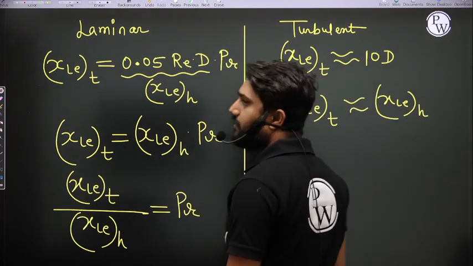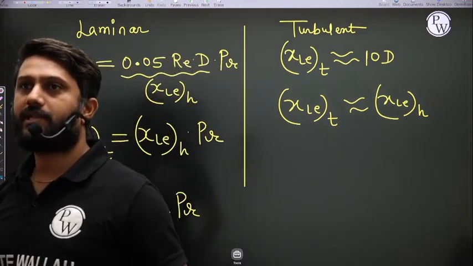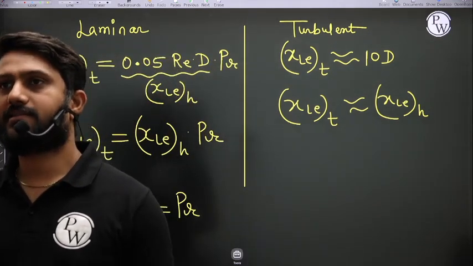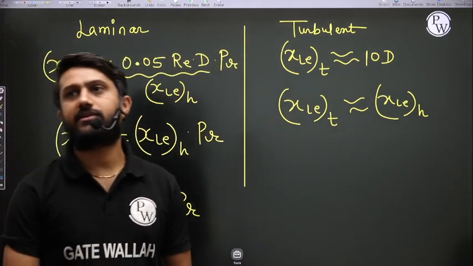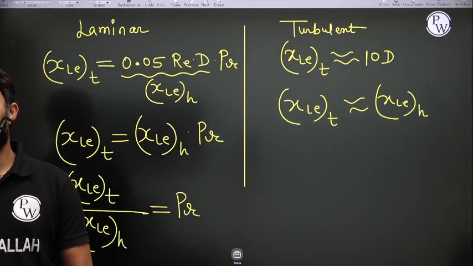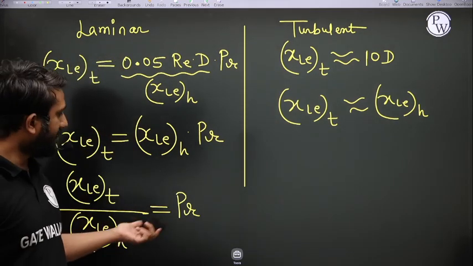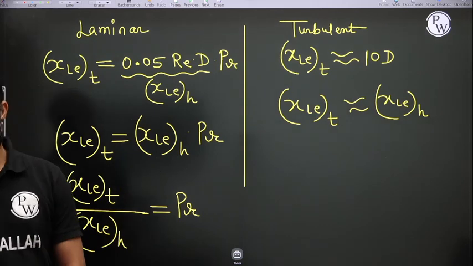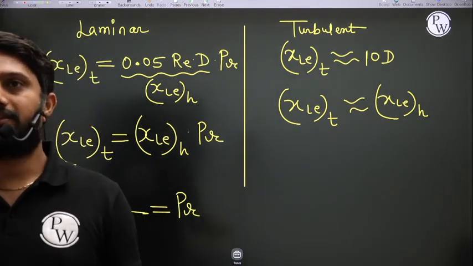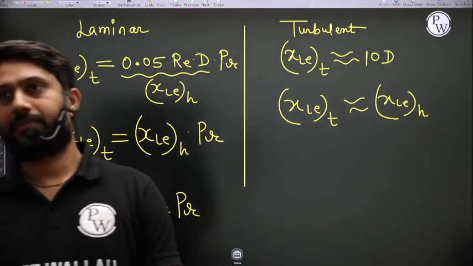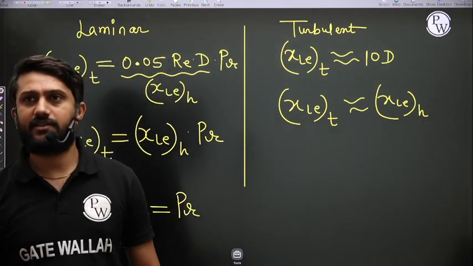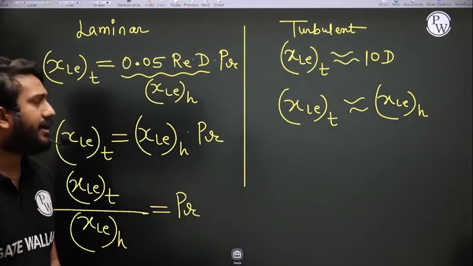In case of the turbulent flow, there is no problem: the thermal entrance length is equal to the hydrodynamic entrance length. But in case of the laminar flow, this ratio depends on the Prandtl number. If Prandtl number is equal to 1, then both entrance lengths are the same. If greater than 1 or less than 1, then you can easily comment on that.